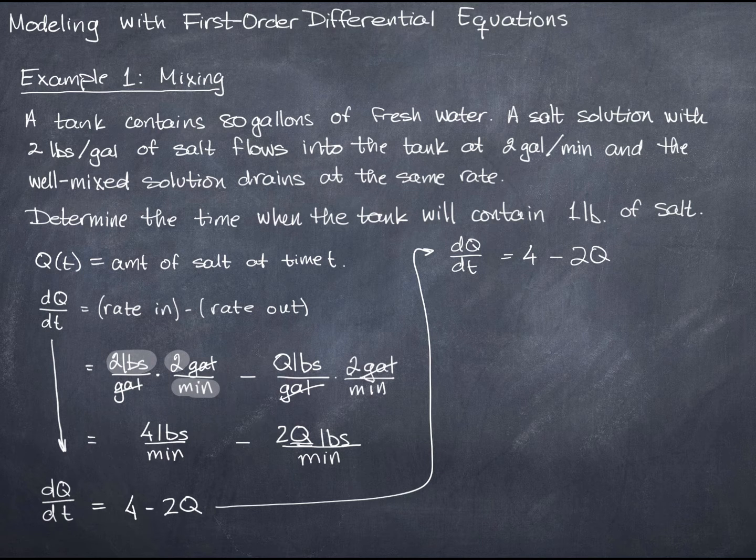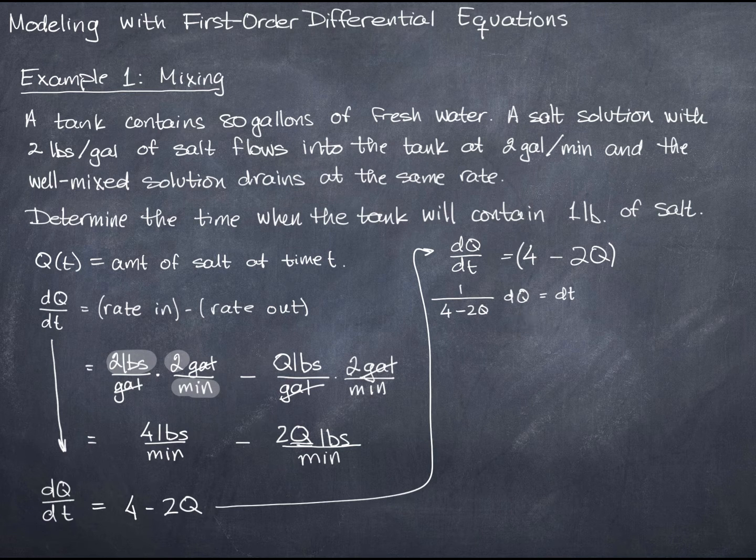If I divide both sides by this quantity and multiply both sides by dt, I get 1 over 4 minus 2Q dQ equals dt. And now if I integrate both sides of this equation, I'll come up with an equation for Q of t plus a constant.